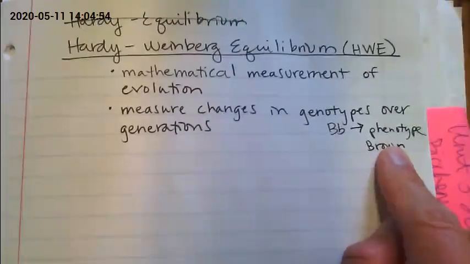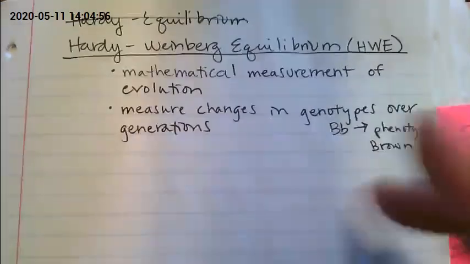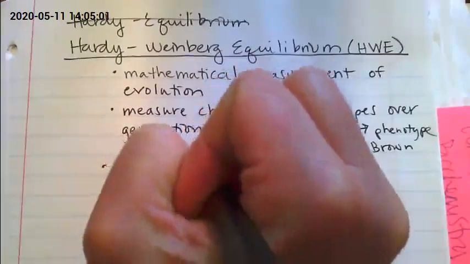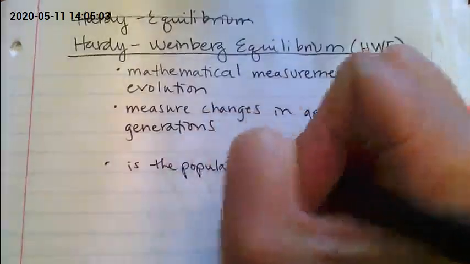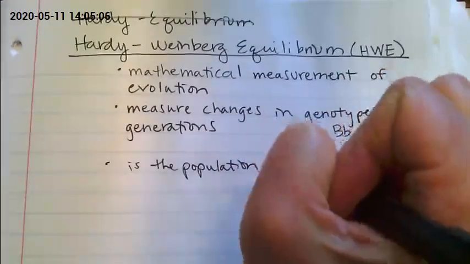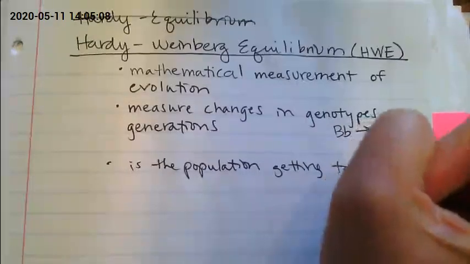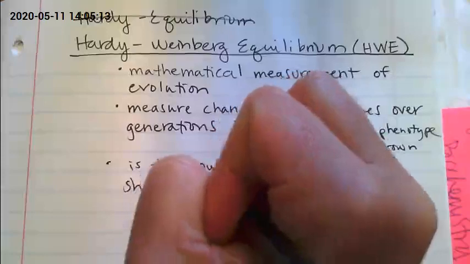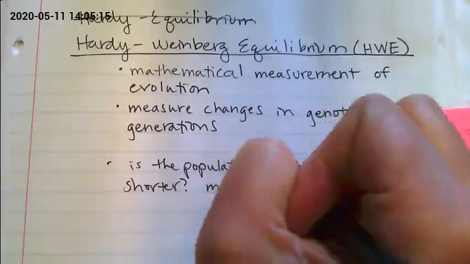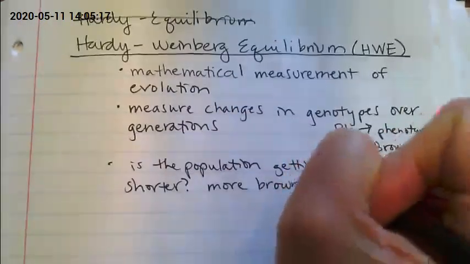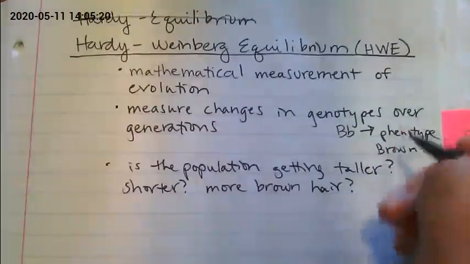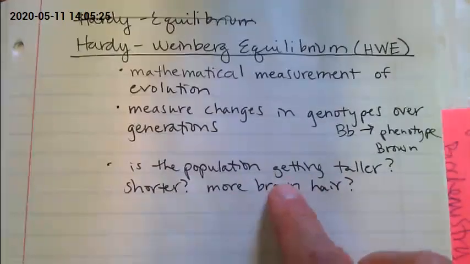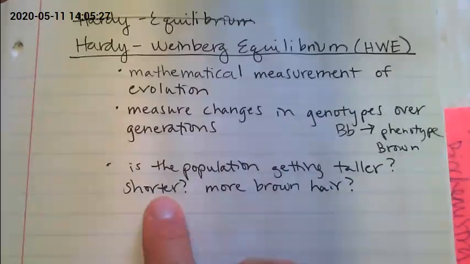So for a population, why you would want to do this is there's some questions you'd want to ask. Is the population getting taller, shorter, more brown hair? Those are some phenotypes, right? So is it getting taller over time? Is the population getting shorter?